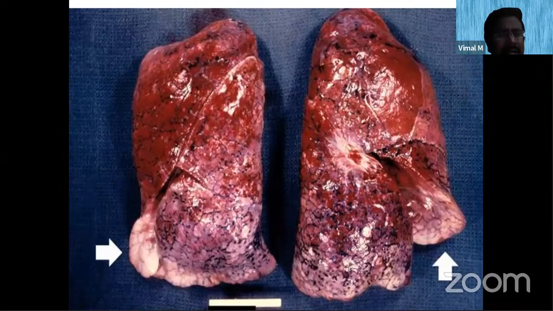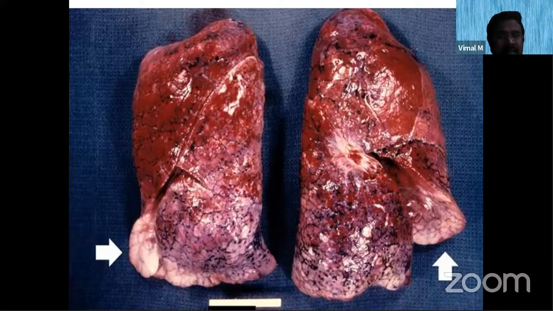Why should brown induration occur in pulmonary edema? Pulmonary edema, as you know, is because of sudden left heart failure. So more RBCs will be stagnated in the lung capillaries, the alveolar capillaries, and the lung parenchyma.